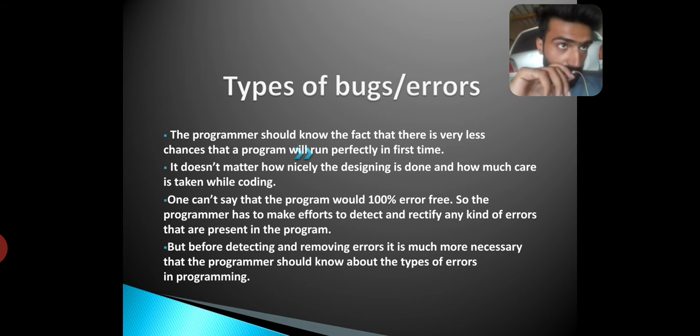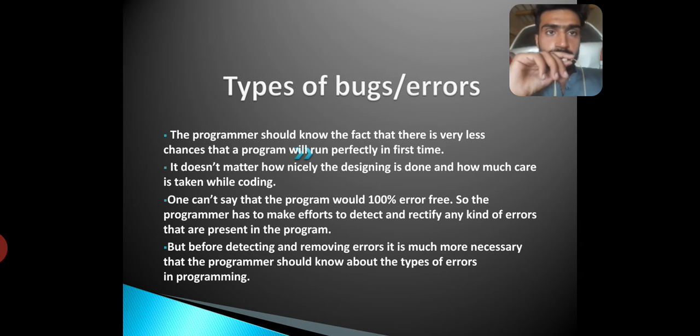Types of bugs and errors. The programmer should know the fact that there is very little chance that a program will run perfectly the first time. It doesn't matter how nicely the design is done and how much care is taken while coding, one can't say that the program would be 100% error free.